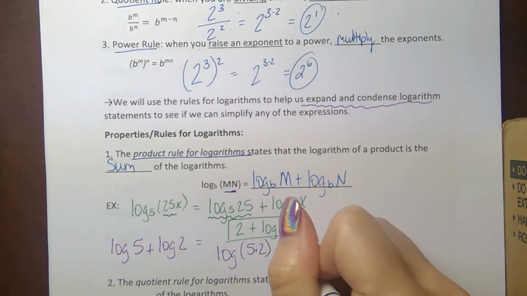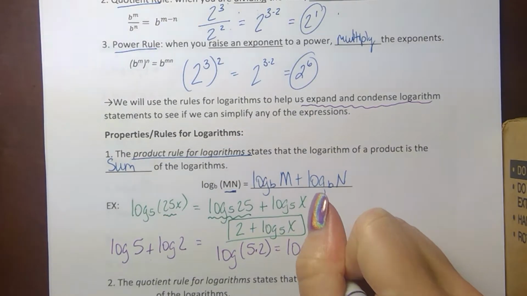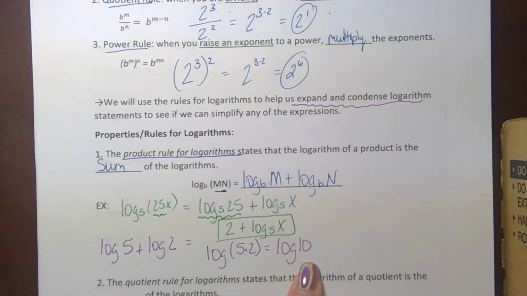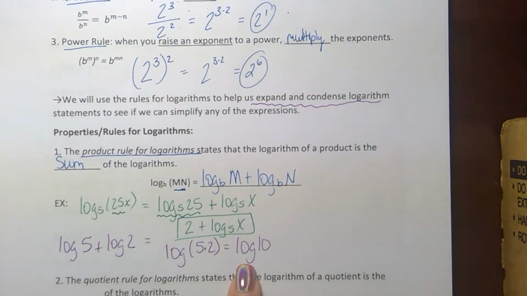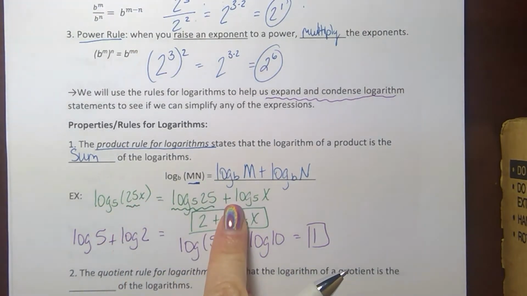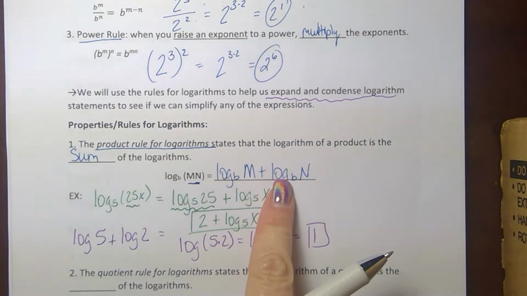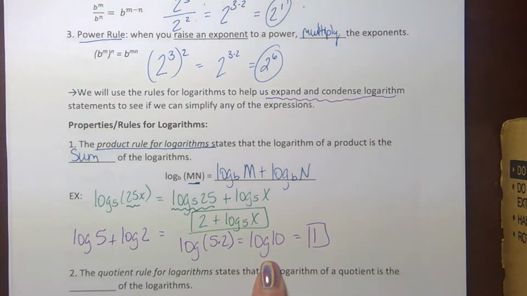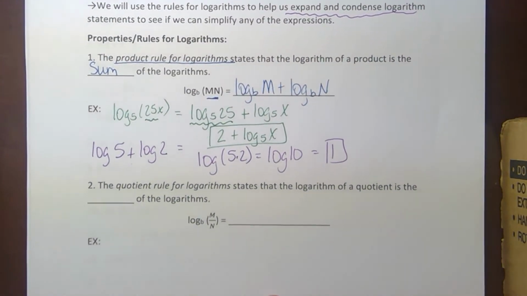And 5 times 2 is 10, so I have log of 10. Common log, base 10. What's the exponent of 10 that gives me 10? Well, it's 1. So this works from left to right expanding, and kind of back right to left by condensing using that product rule for logarithms.